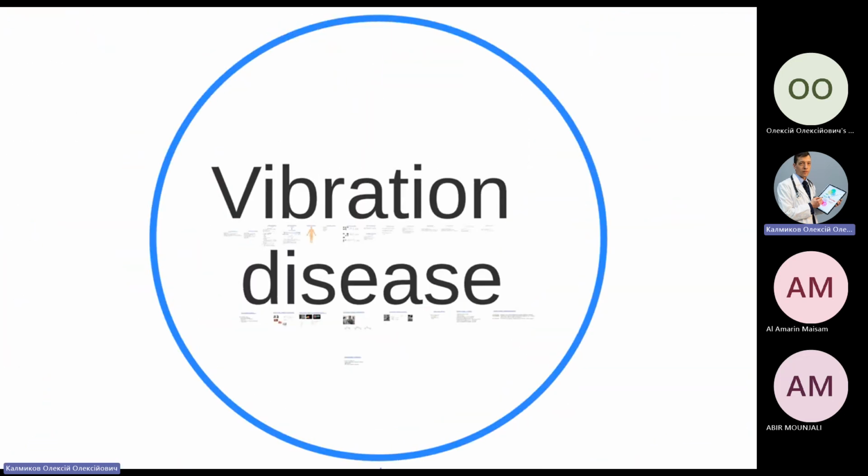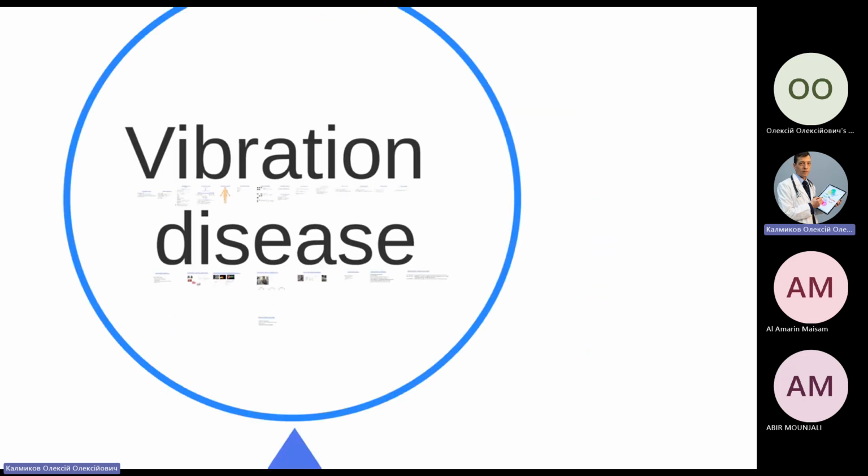The causative agent is vibration, and we may widely meet this factor in different industries like mining, metallurgic, foundry, roadworking, tunneling, and many others. And I must say that from a formal point of view, vibration disease seems to be one of the two absolutely specific occupational diseases.